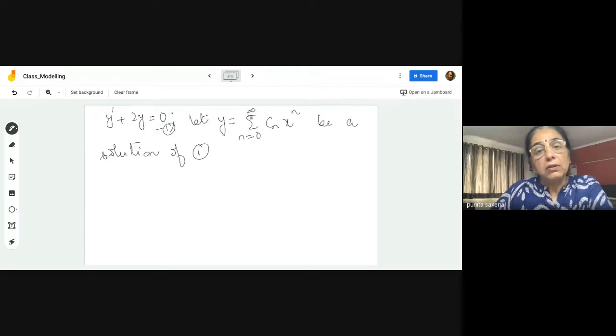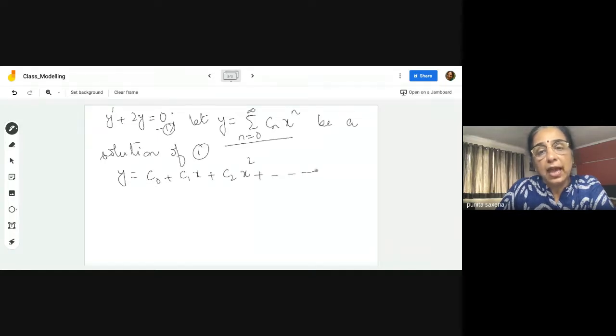Okay, now that means what? That means I have assumed that this is a solution of the differential equation. So that means my y, which I have assumed to be this, actually satisfies the differential equation. Okay.